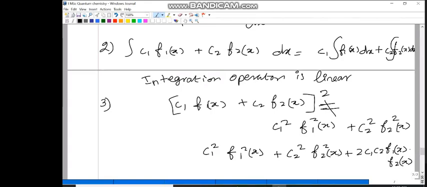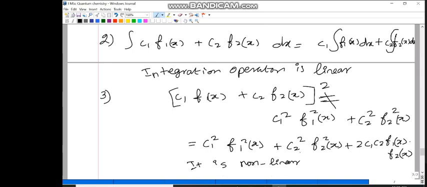Am I right? It is equal to this. So this is not linear. It is non-linear.